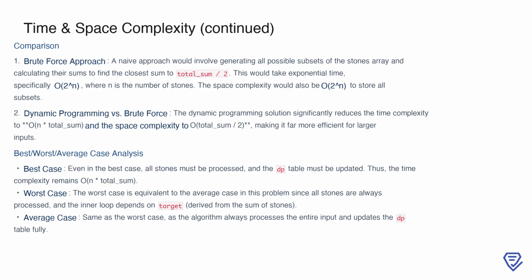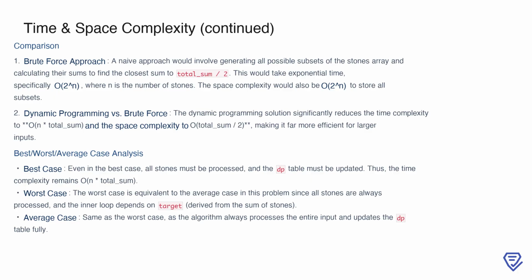The space complexity in this case would also be 2 to the power of n, as we would need to store all subsets. In contrast, the dynamic programming approach reduces the time complexity dramatically to O(n × total_sum), and the space complexity to O(total_sum/2). This makes it much more scalable for larger inputs.